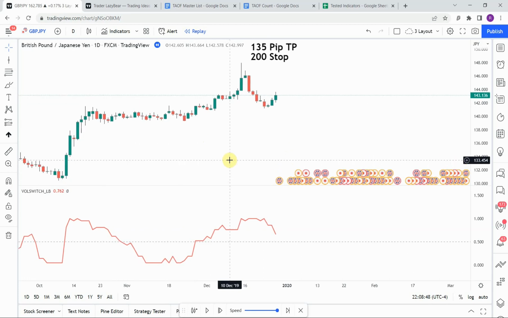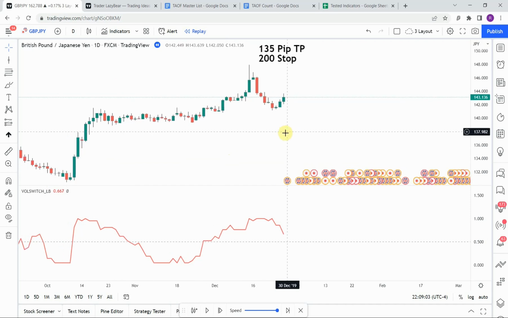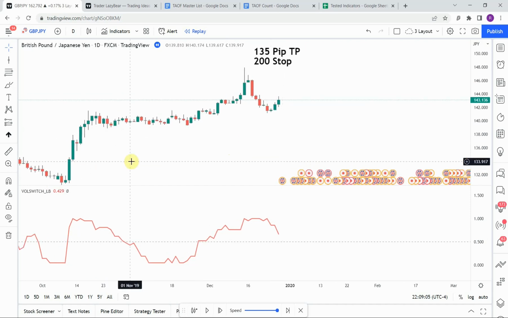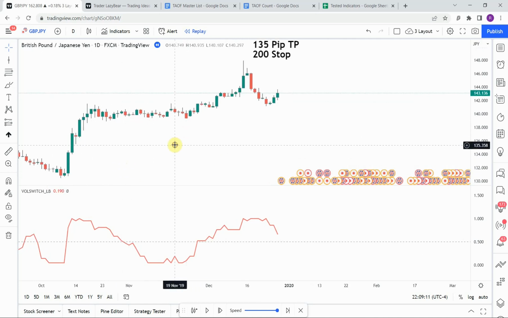Maybe I'm thinking of this a little bit wrong, but it seems to me that if the markets are moving, they have a lot of momentum and volatility, then that is when the markets make the best moves. If there is very low volatility, very low volume in the market, then that is when the markets go into kind of consolidation.